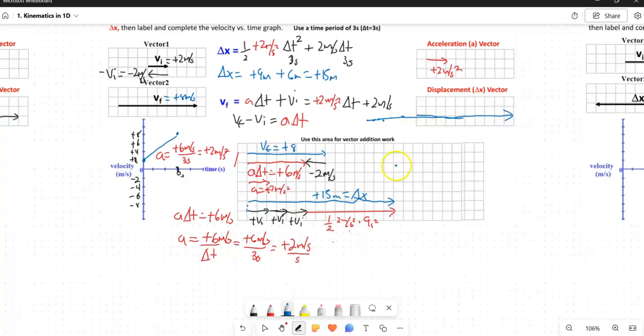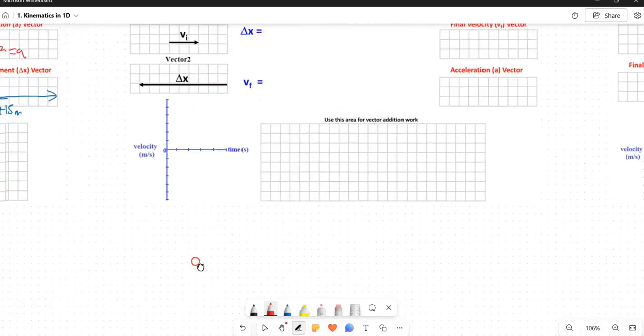I think yours all have it where you don't run off of this. You're given plenty of room to do it. So the displacement vector is going to be equal to positive 15 meters. Okay? And this is the acceleration vector. All right.